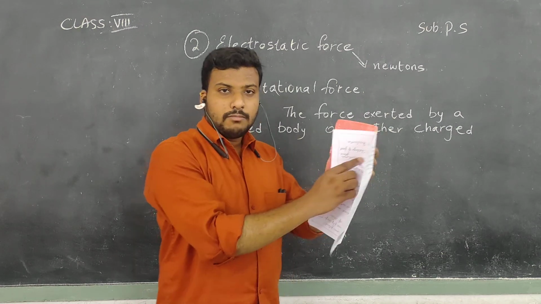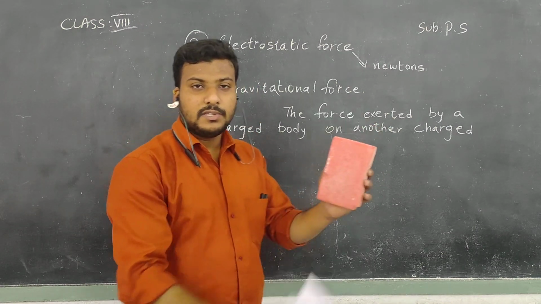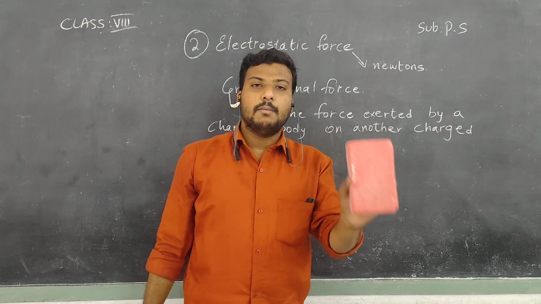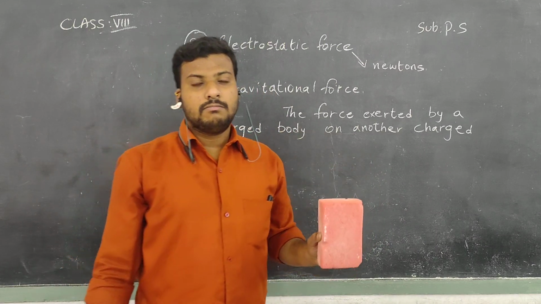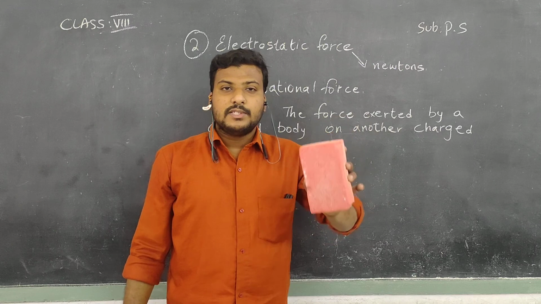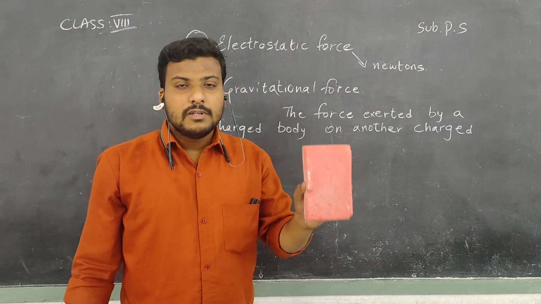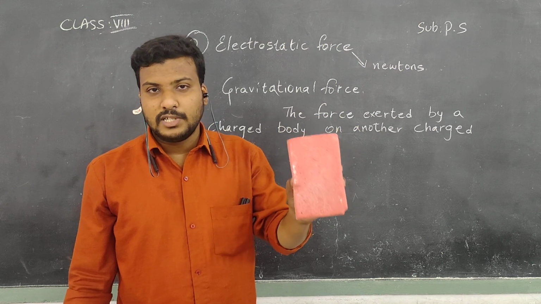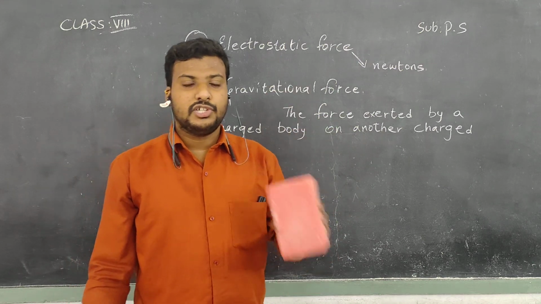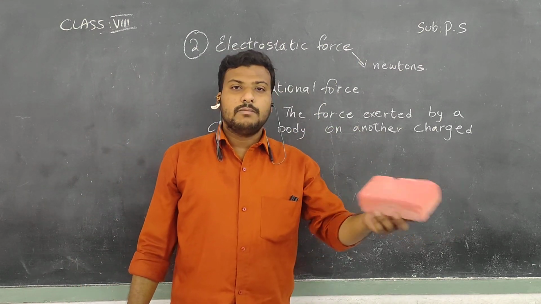When you are rubbing on the surface of the balloon, the surface of the balloon acquires an electrostatic charge. Right now, I can say this balloon is a charged body.